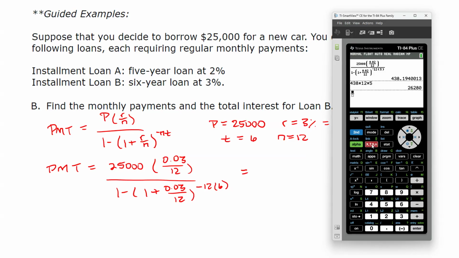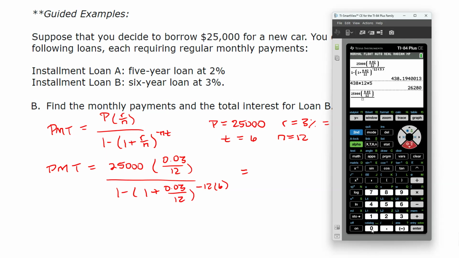So alpha x, 25,000 times alpha x, 0.03 divided by 12.